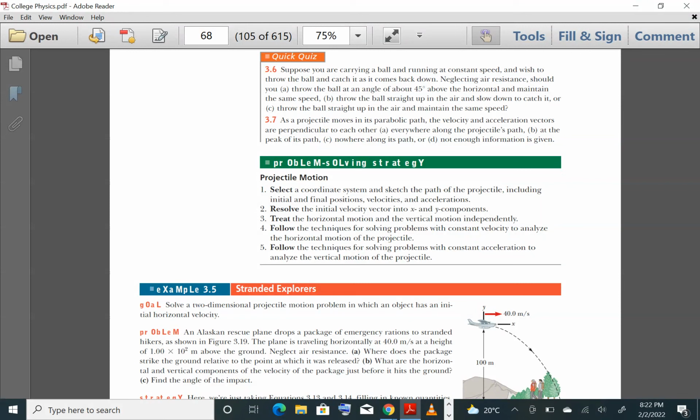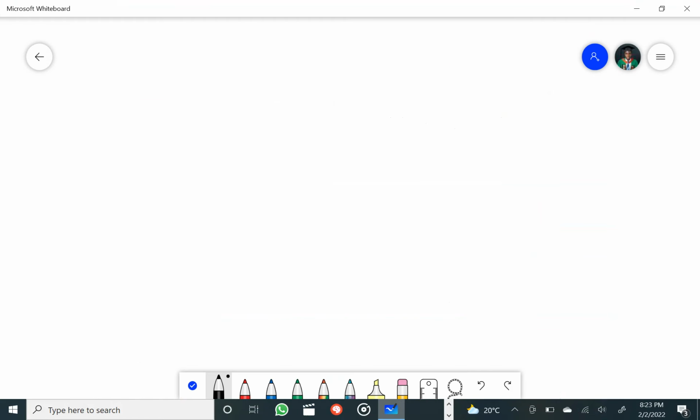Okay, so the first question: where does the package strike the ground relative to the point where it is released? So what are they asking us? They're asking us to find the range. So what is the range? The range is basically the displacement of a projectile on the x-axis.